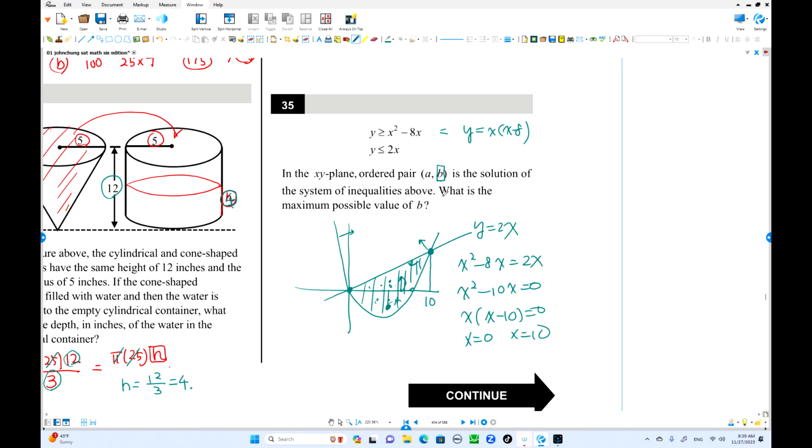But we're going to find the value of the y coordinate, okay? How can you find the y? Put this number here, anything. This is better, right? Okay, 2 times 10, when x is 10, y is 20. This is the maximum value, okay? So 20 is the answer.